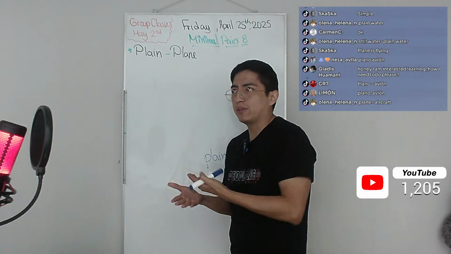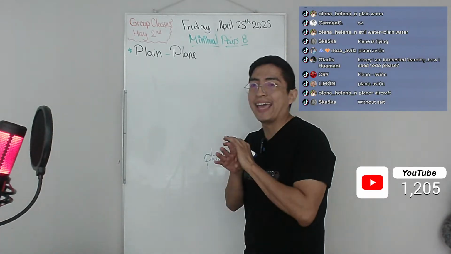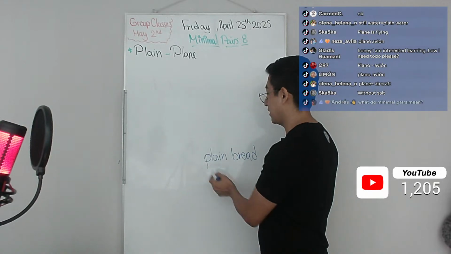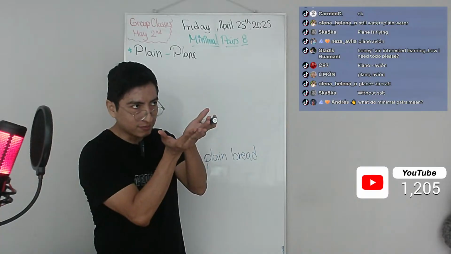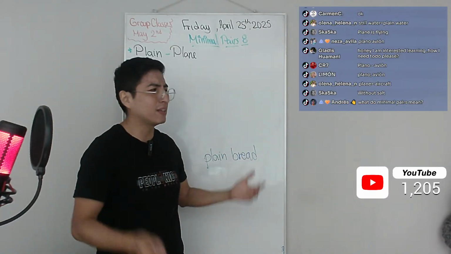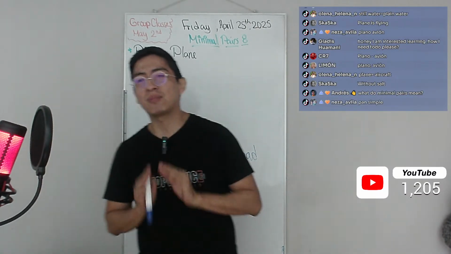I don't have a sandwich or put ham or butter or anything else, without anything. We can say that this is plain bread. So you have a bread and you open it and it doesn't have anything. So you can say, oh, what is this? This is just plain bread.